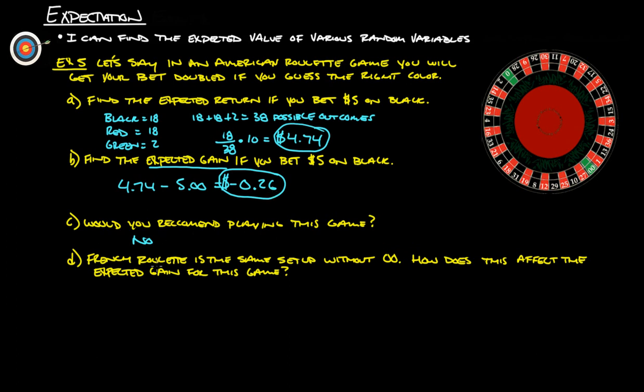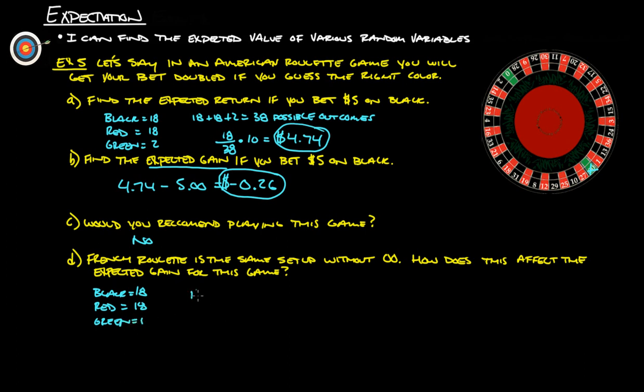French roulette is the same setup without the double zero. How does this affect the expected gain for this game? If we recalculate without the double zero, black would still be 18, red would still be 18, and green is now just 1.